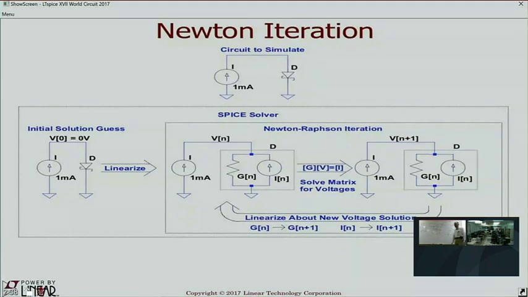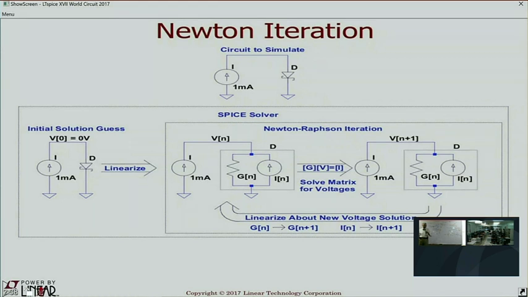And it's blindingly fast because this equation is correct through first order. I mean, if you have this derivative correct, if there's no bugs in your SPICE program, and that actually is the derivative of your curve, this equation is correct through first order, which means this is all second order and higher. So if you're within 10% and you solve that, your next iteration is within 1%.